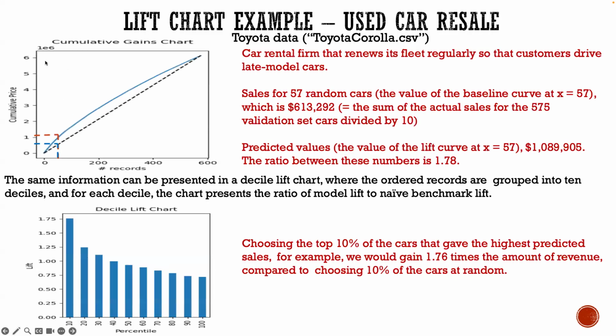So if you notice that this is a lift curve or cumulative gains chart, so in both terms are used here. So this, again, you have a code for this data set that I have also provided to you. And what you're doing in this case is, it's a car rental company, and they always renew their fleet. So it's a car rental company.